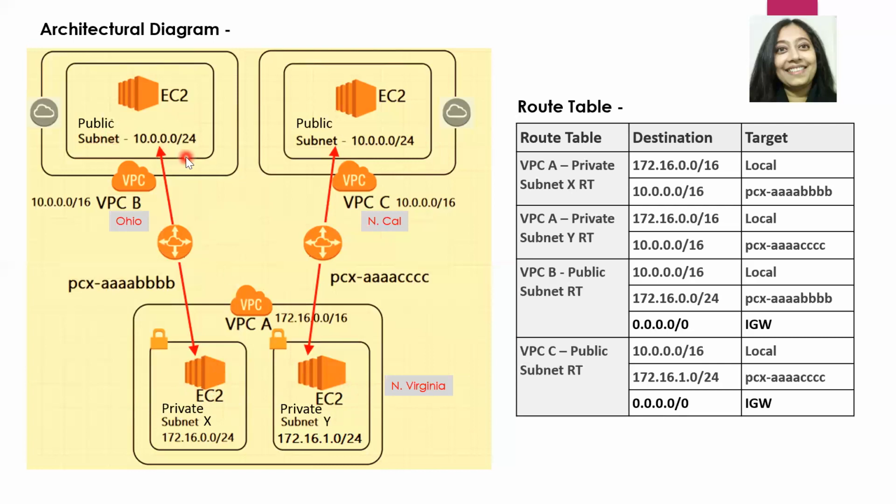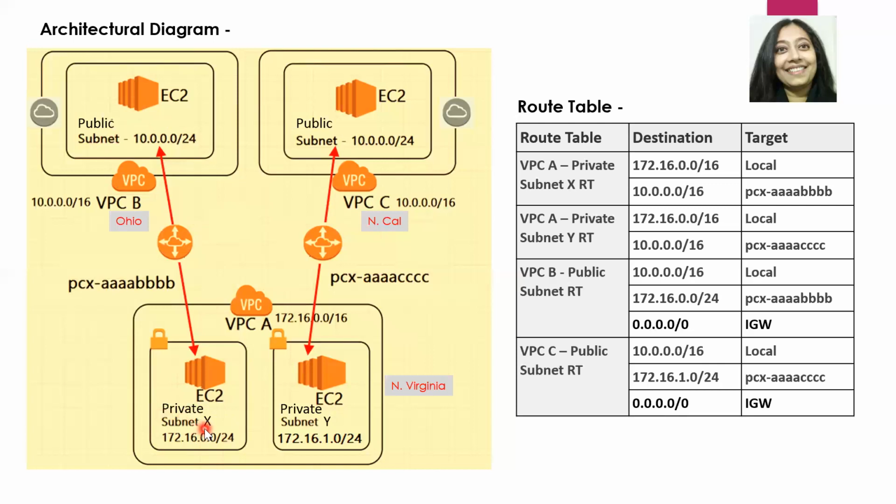If these VPCs are truly peered to each other, we should be able to communicate with our EC2 instance in our private subnet via our EC2 instance in our public subnet, that is, the EC2 instance in our VPC B. We should be able to SSH into our EC2 instance in our private subnet X.